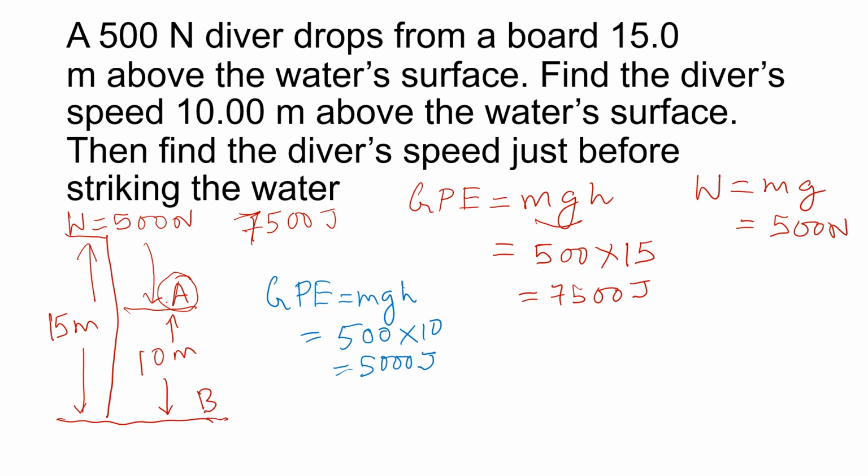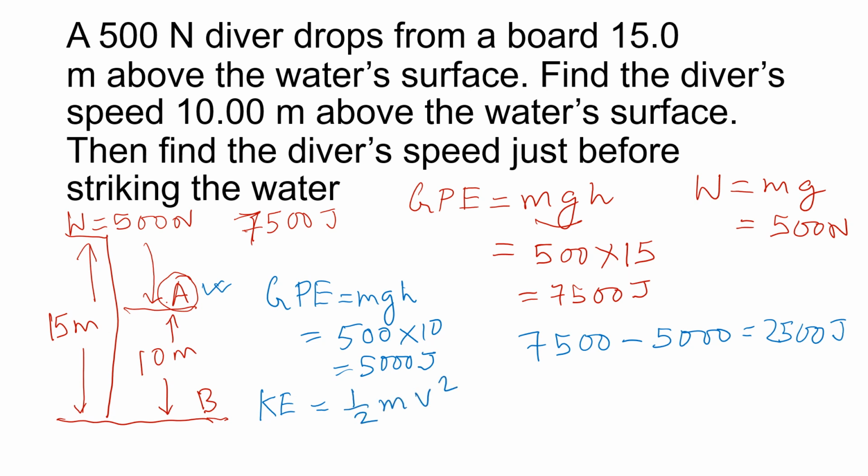But since the diver is falling down, he has a combination of both gravitational as well as kinetic energy at the point A. So if we subtract 5,000 joules from 7,500, that is the amount of energy which is the kinetic energy left inside the diver at point A. So now we know the formula for kinetic energy is always 1/2 times mass times velocity square.